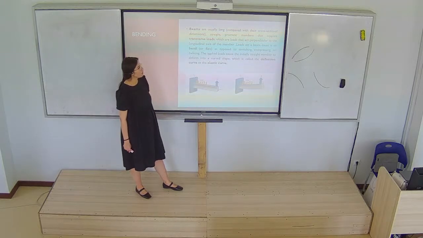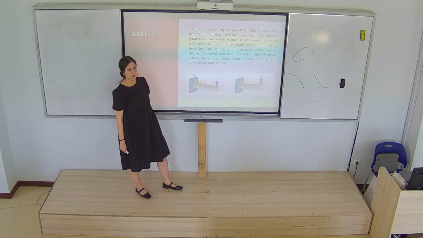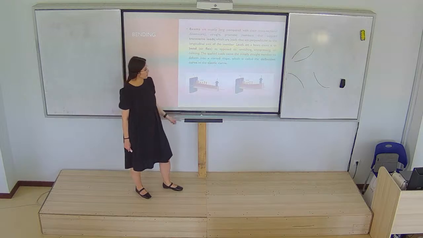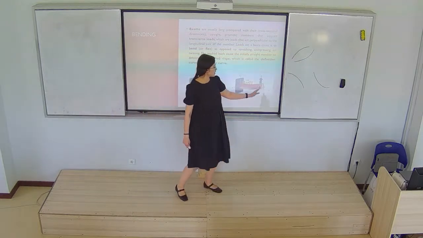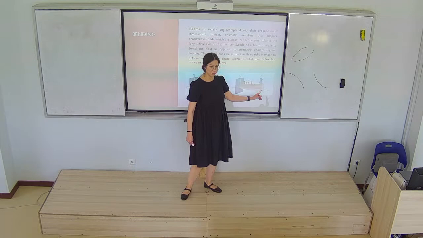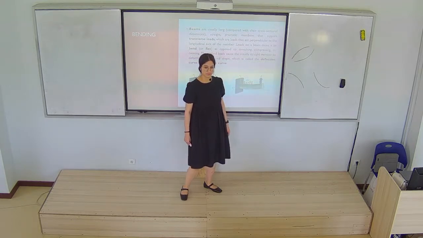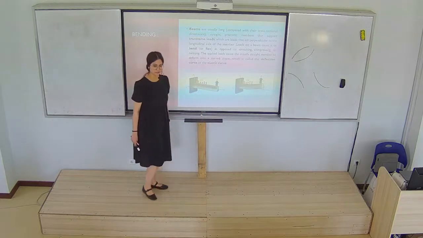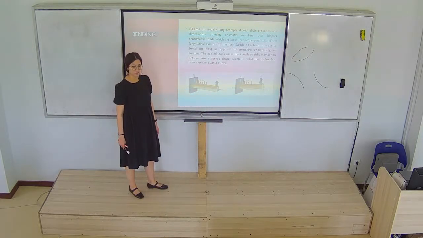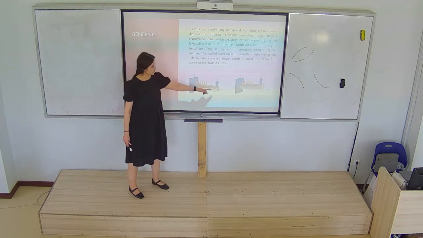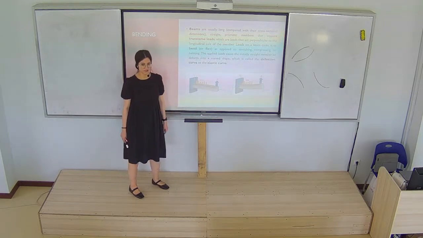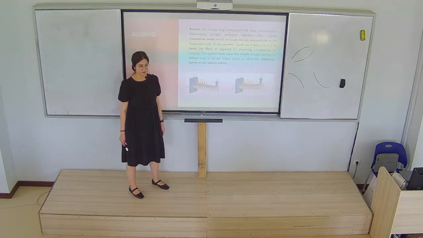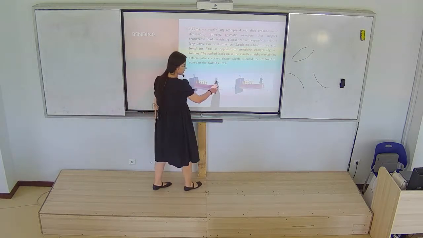And loads on a beam cause it to bend. Of course, if P is affecting from this side, our beam will change and bending will happen. Did you understand? At the edge, P is affecting from this part, okay?